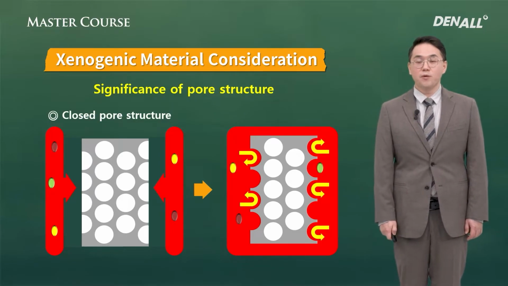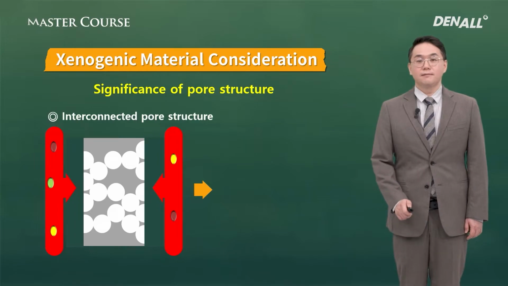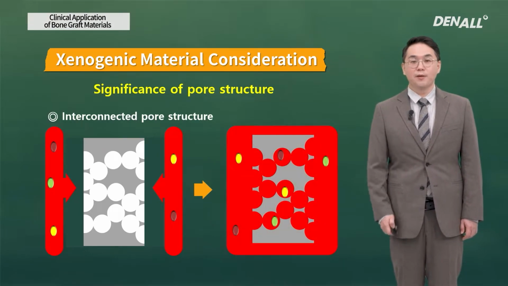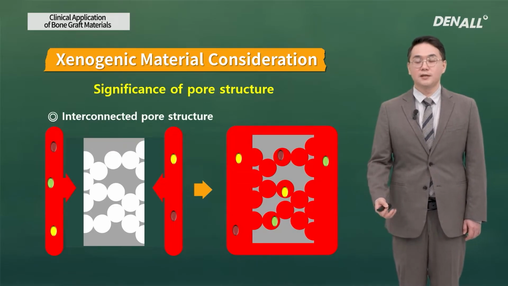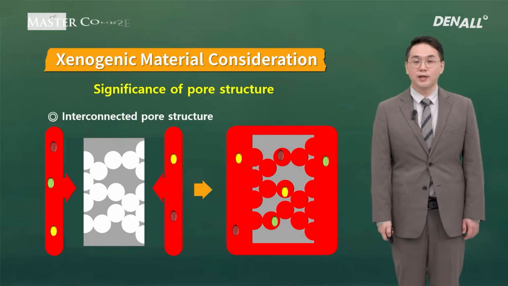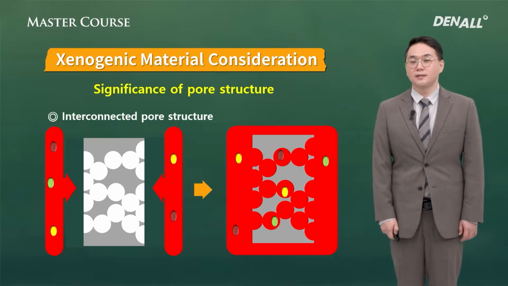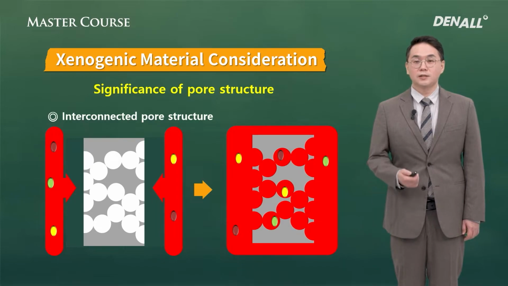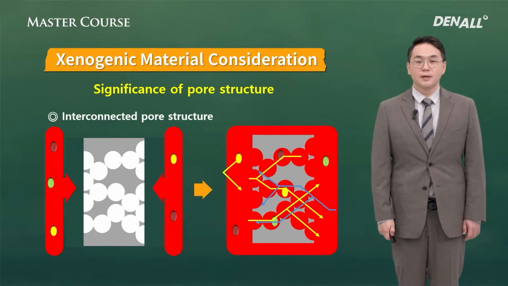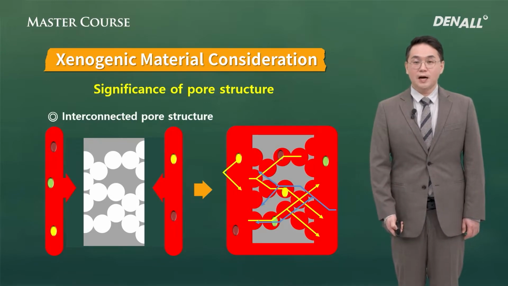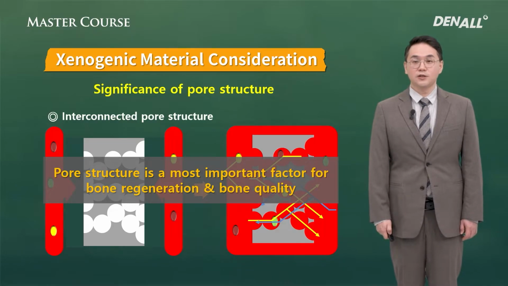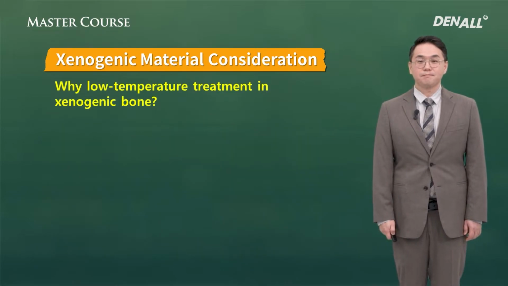But if pore structures are interconnected, similar to human cancellous bone, through the capillary vessels, the blood can go into the structure of the bone material, increasing the blood holding capability, so vessels can grow into the bone material. So a good bone material should have the porosity structure that is similar to human cancellous bone.